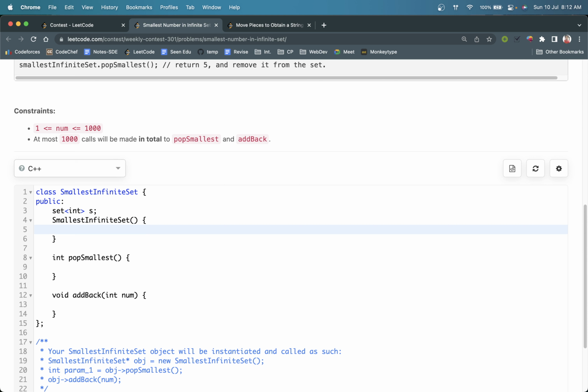As it initializes all the elements, I equals 1 to 1000, and we insert them. Okay, pop back.